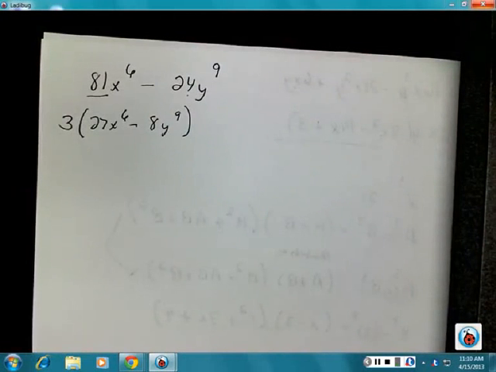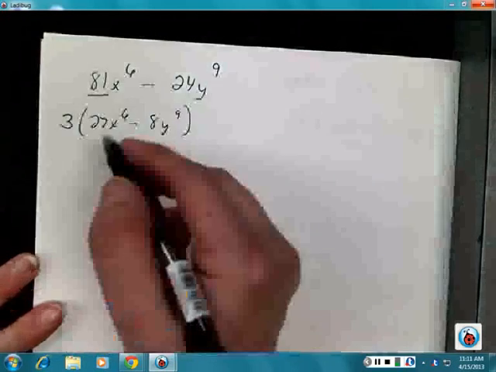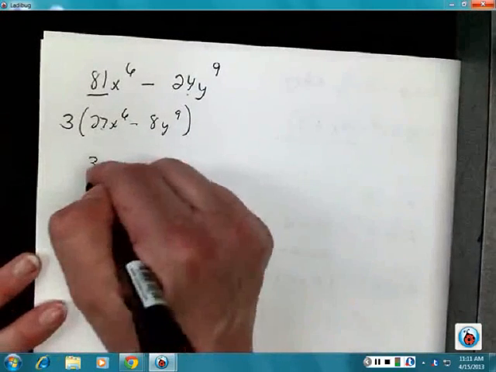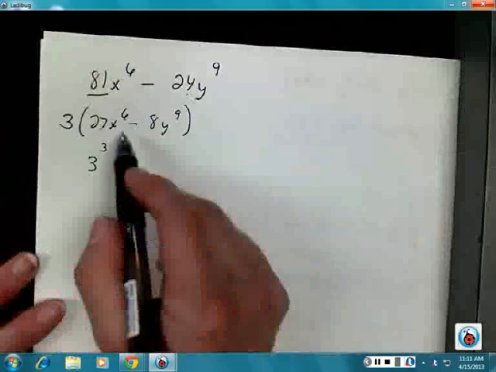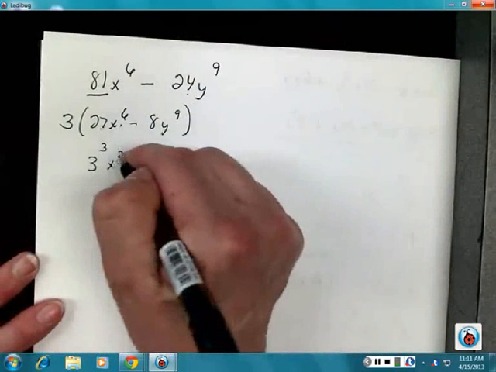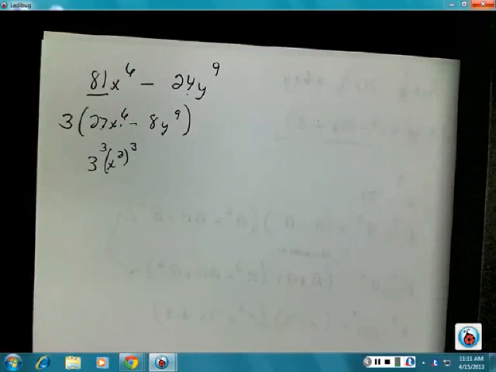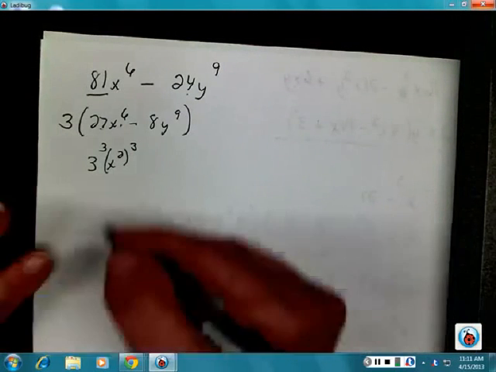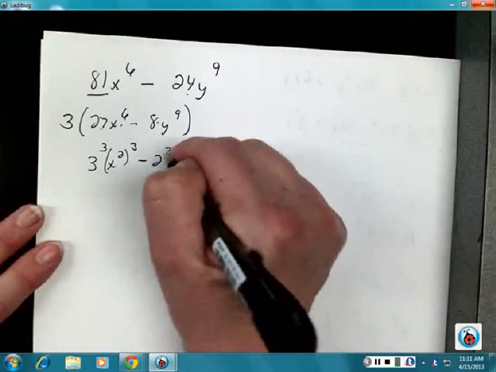So what happens with this whole thing? Break it down to bases. 27 we said was 3 cubed. X to the 6th is x squared cubed, because x squared times x squared times x squared is an x cubed. The 8 is a 2 cubed.